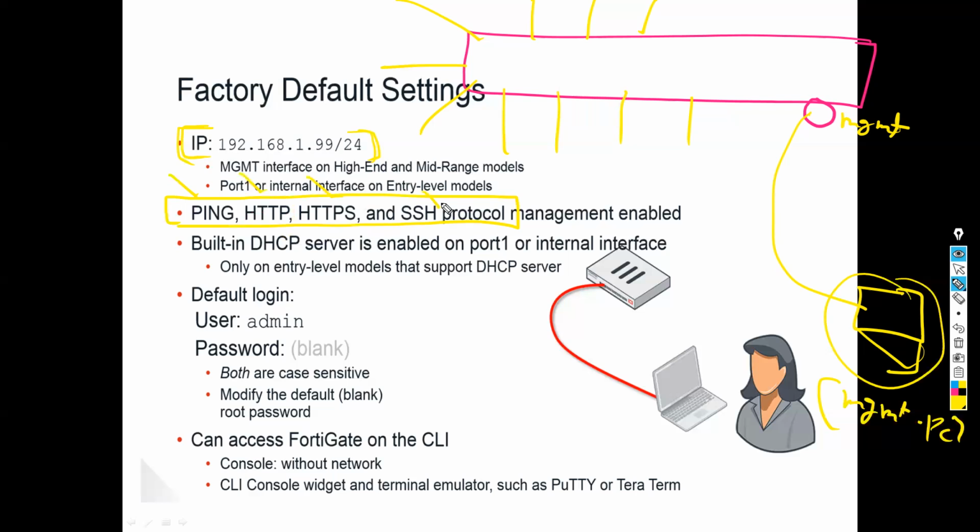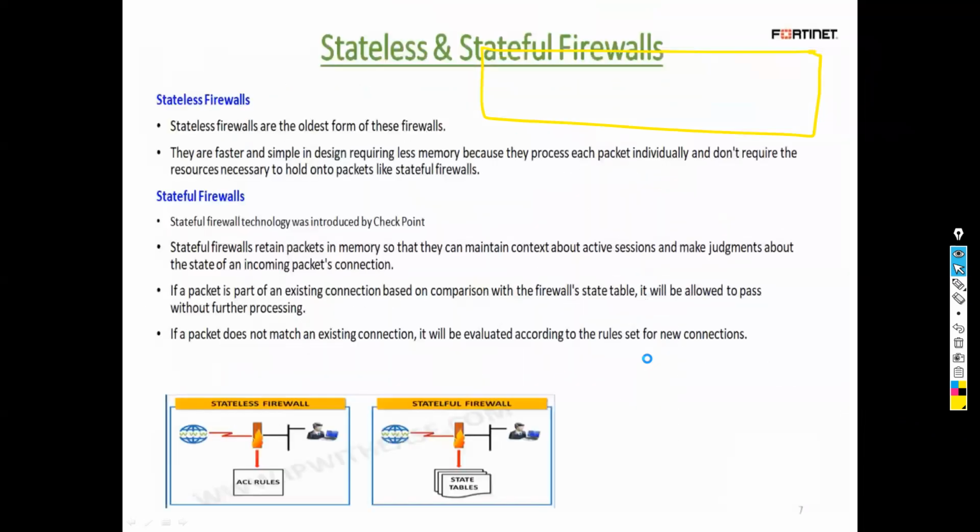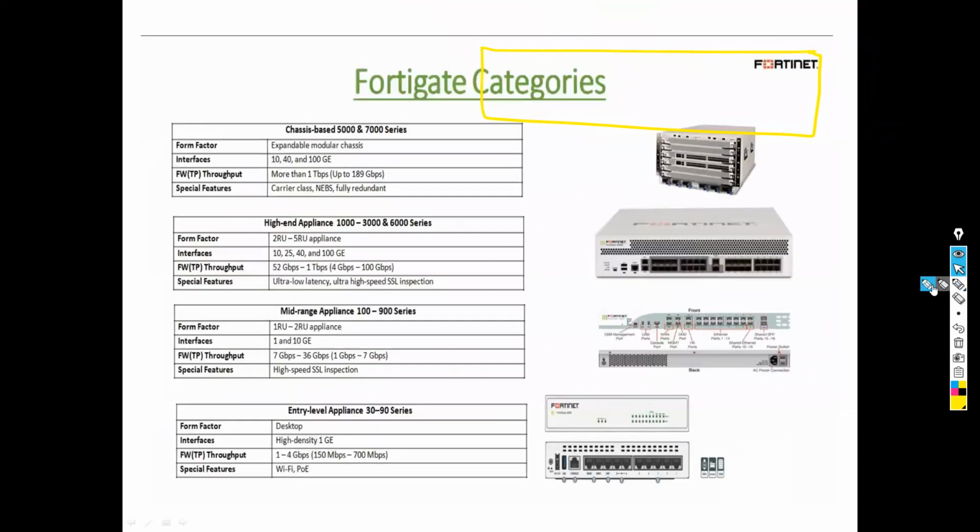So on a high-end model or mid-range model, you will get a dedicated management port for configuration. In case you have an entry-level firewall, entry level means we have a series between 30 and 90 series.